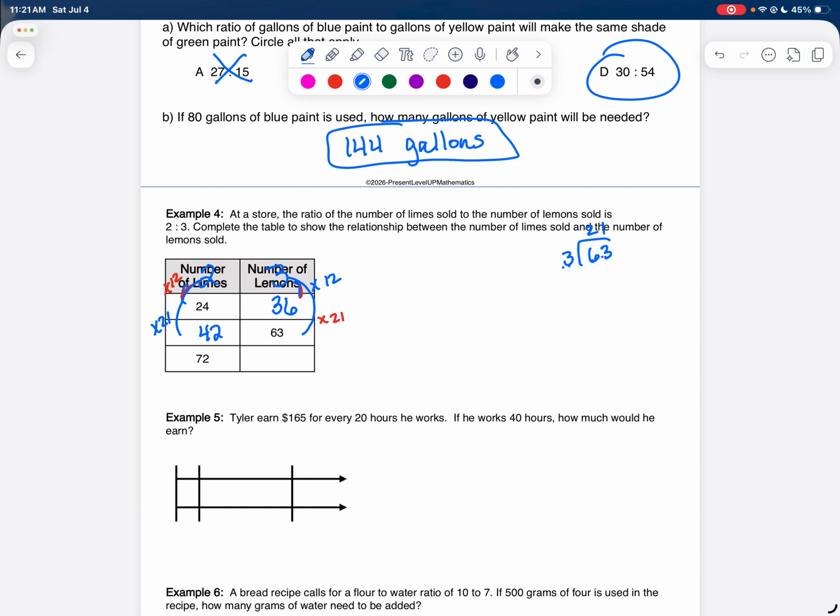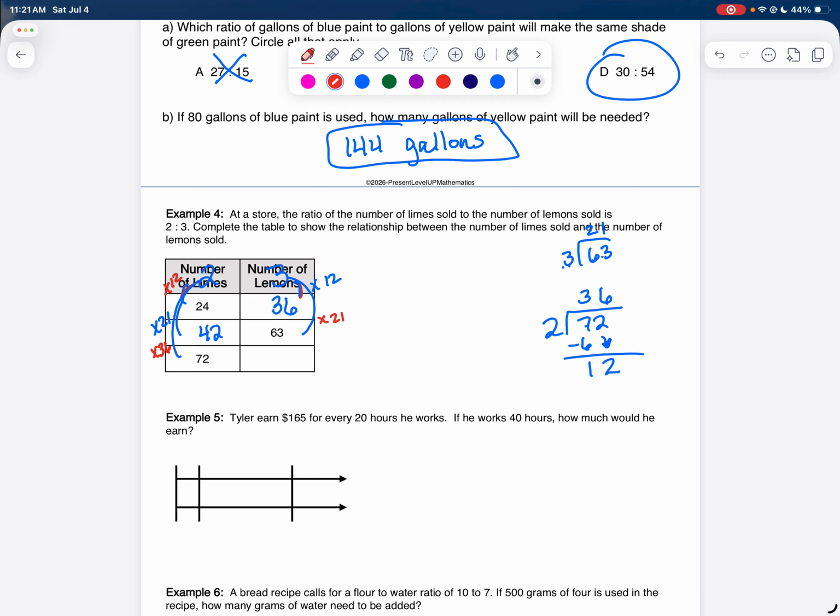All right, welcome back. So I wanted to see, what did I scale by to get from 2 to 72? So 2 goes into 7 3 times. 3 times 2 is 6. 7 minus 6 is 1. Bring down the 2. 2 goes into 12 6 times. So I'm scaling by 36.